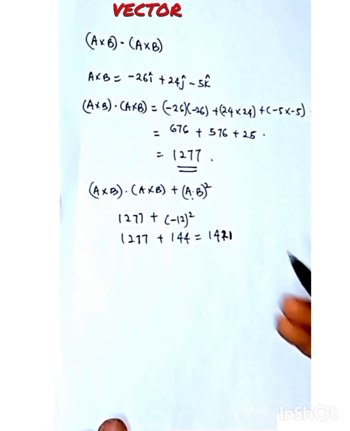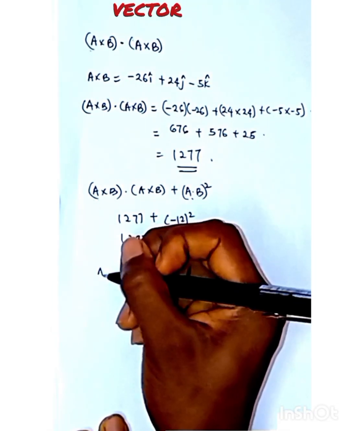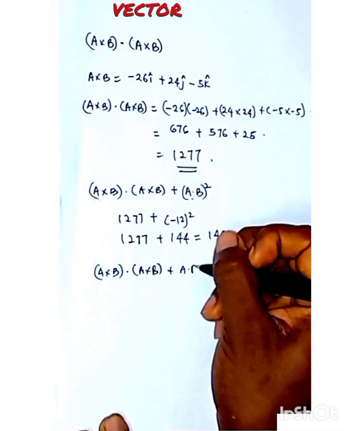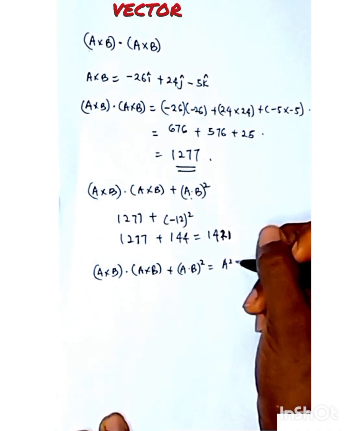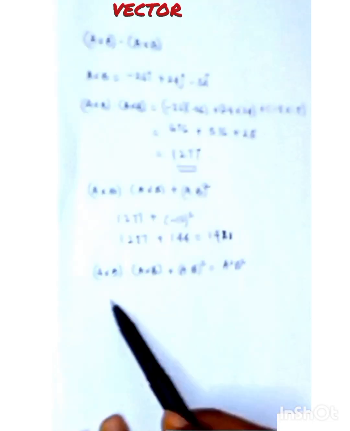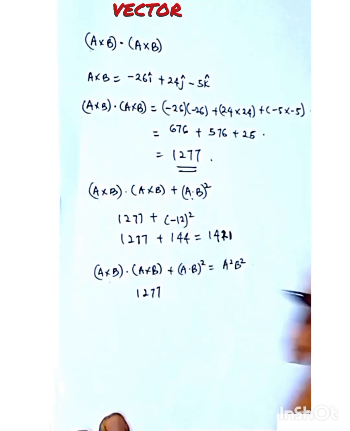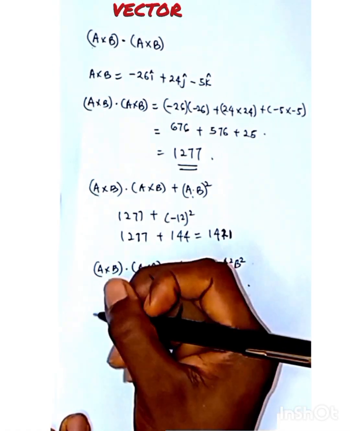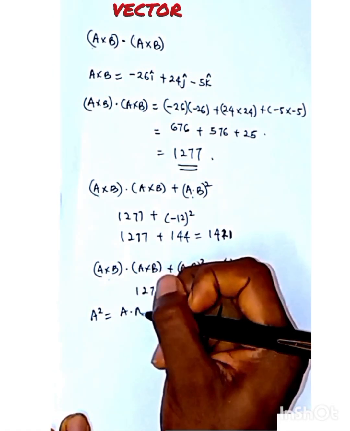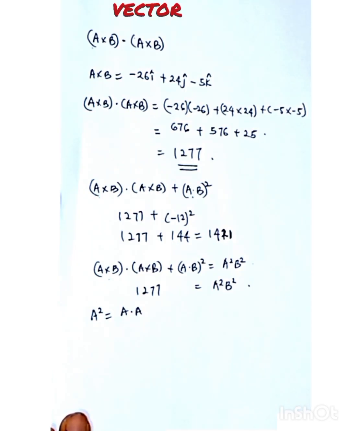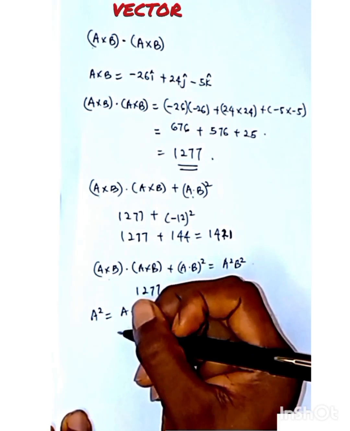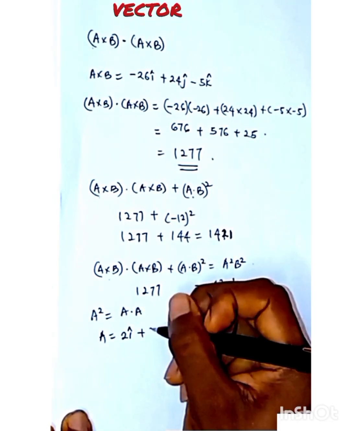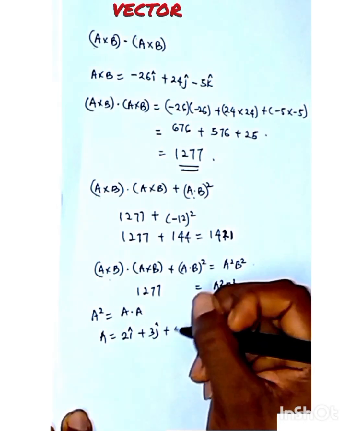We now get the right hand side, which is A squared times B squared. So how do we do it? A squared is equal to A dot A, meaning we get the dot product of A, where A is 2i plus 3j plus 4k.